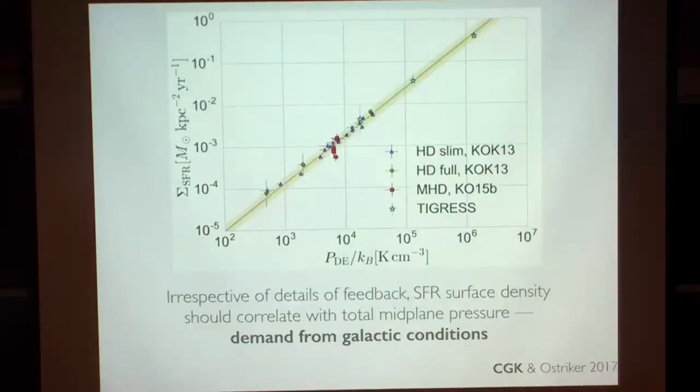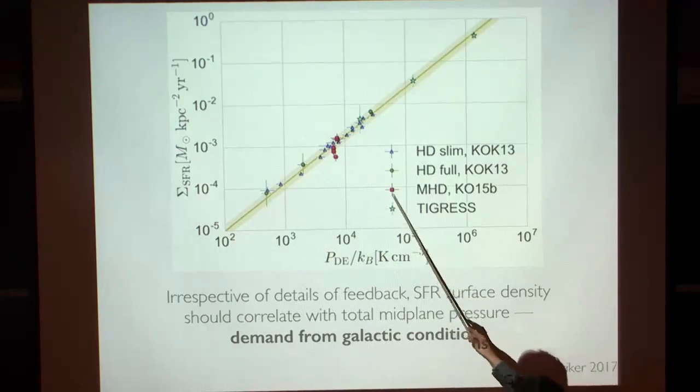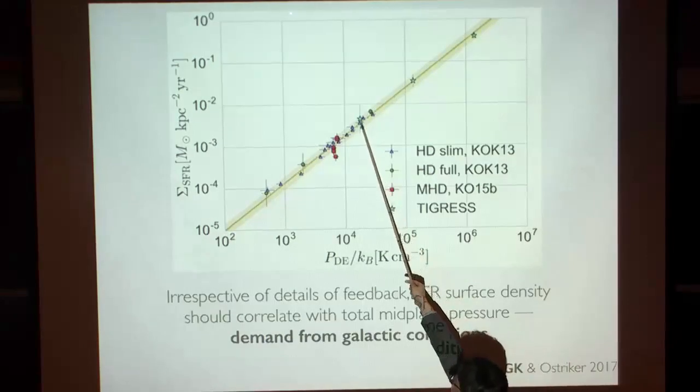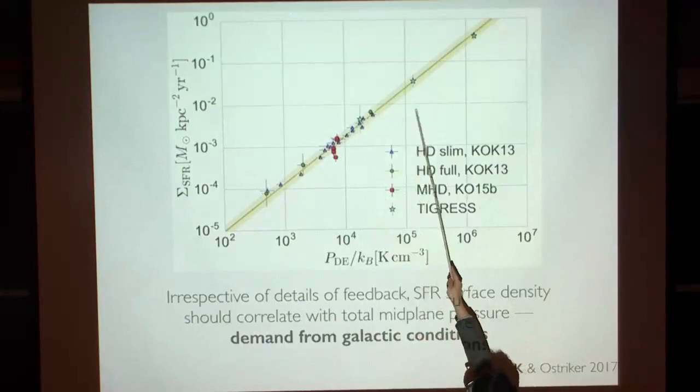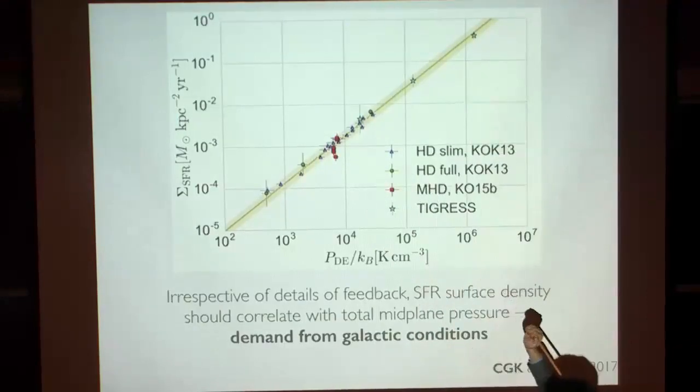Then eventually, I got the star formation rate as a function of this dynamical equilibrium pressure, which is a kind of requirement from the galactic condition, that is, the weight of the gas. And in our TIGRESS simulation, what I showed you is this one, the solar neighborhood condition. And we also have two different cases with a higher surface density.